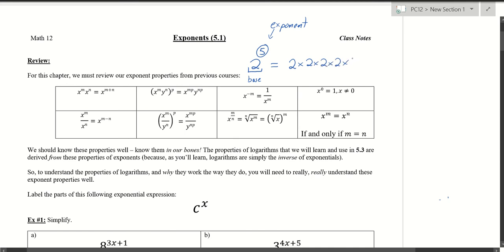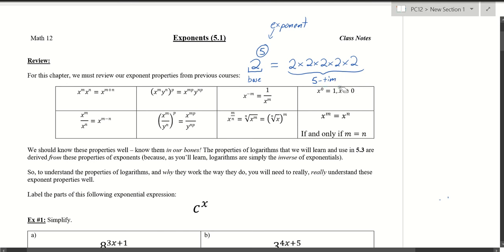We have this string of repeated multiplication, and how many times will this base appear? Well, that's governed by the exponent. So 2 to the power of 5 is really just 2 times 2 times 2 times 2 times 2. So 2 appears in a string of repeated multiplication 5 times. That's initially how we define exponents.